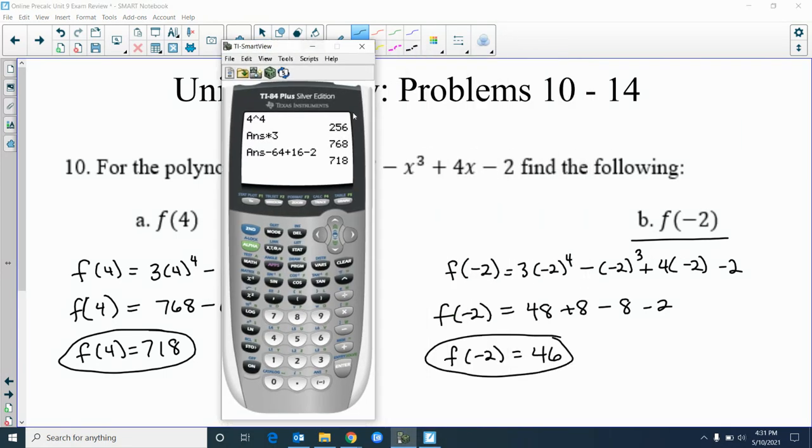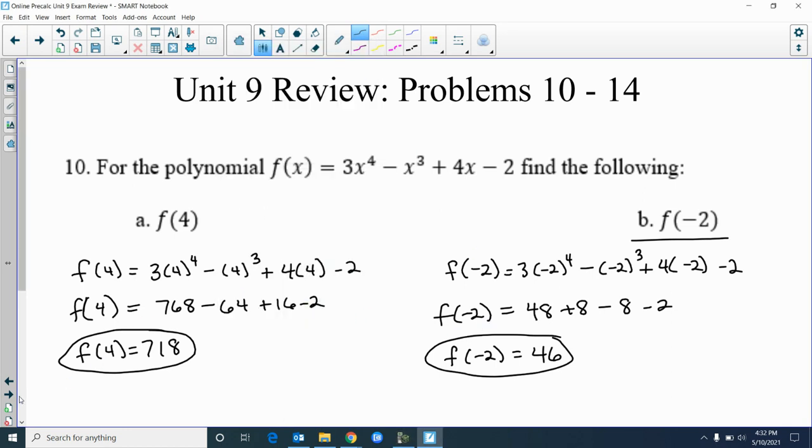If you do type that in, make sure you put negative 2 in parentheses when you take it to the powers, minus negative 2 to the third power plus 4 times negative 2 minus 2. As long as you type it in right, you're going to get it right. So f of negative 2 is 46.